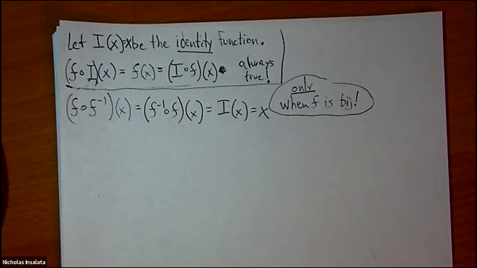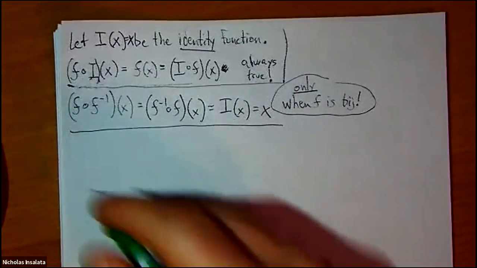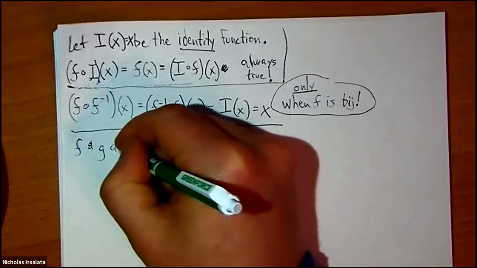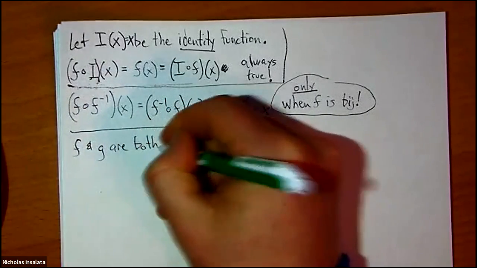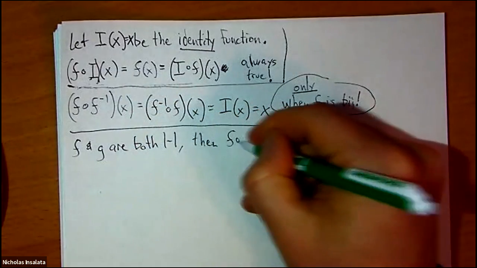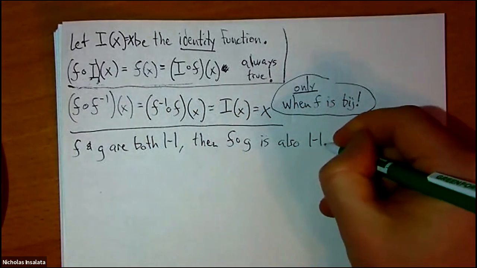Okay, a few more theorems here. I won't go through and prove these, but I will mention them to you. If f and g are both 1-to-1, then f composed with g is also 1-to-1.